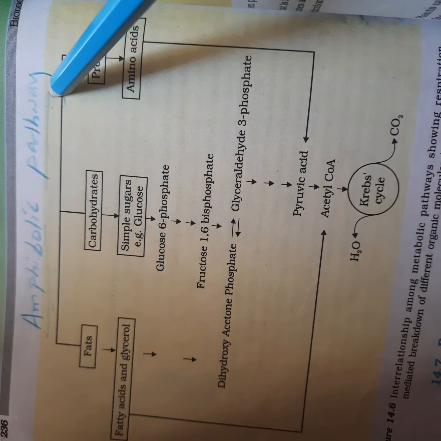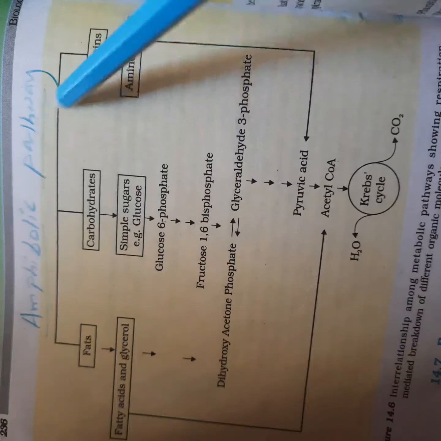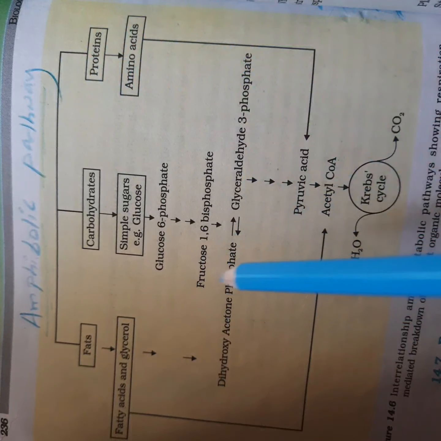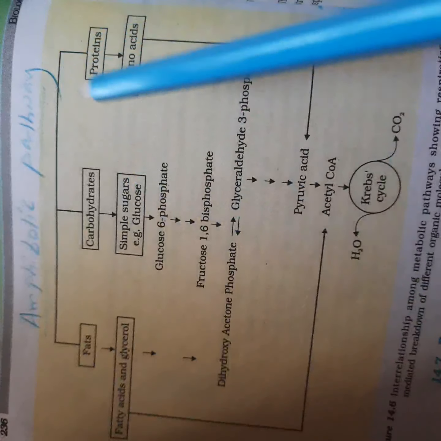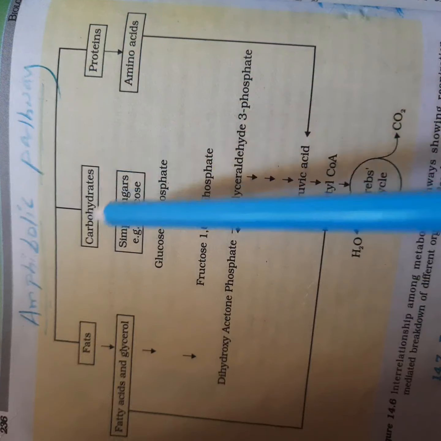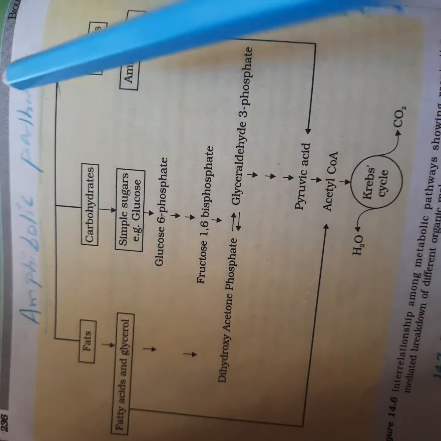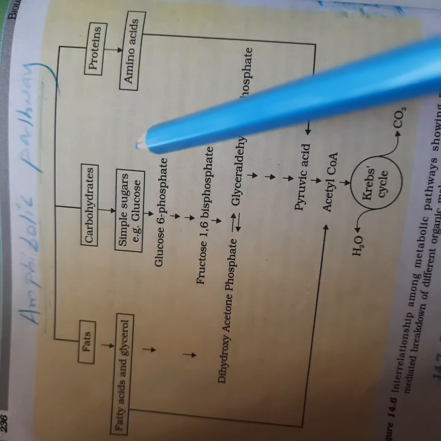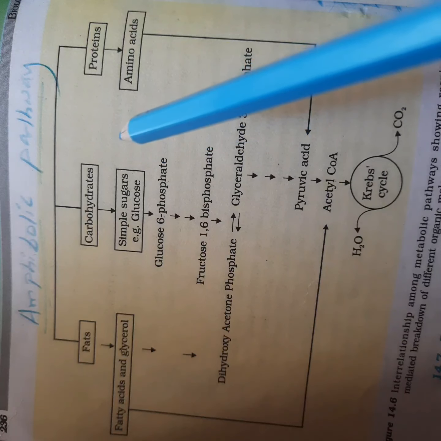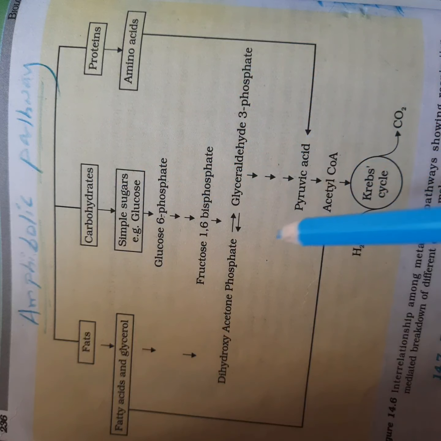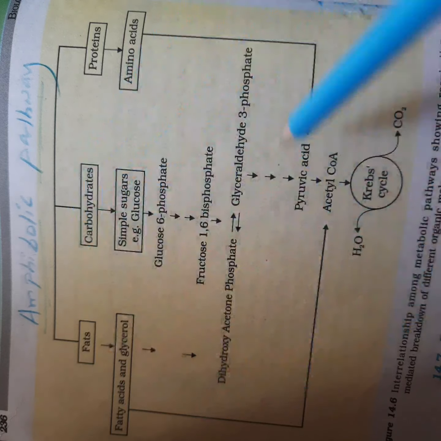Those sequential steps of chemical reactions are commonly named a pathway. So the respiration process is a sequential chemical reaction, and it is basically an amphibolic pathway, because the respiration process has two characteristics. What are those two characteristics? Why is it called an amphibolic pathway? For this we have to understand this flow chart.